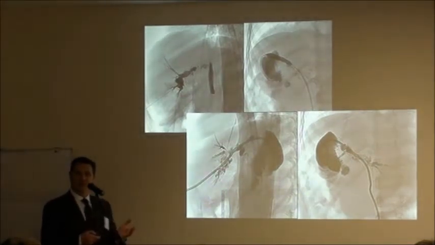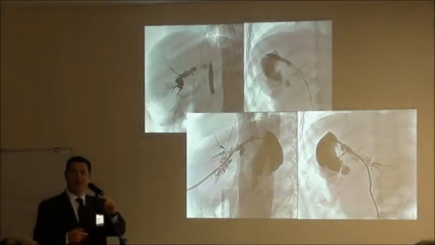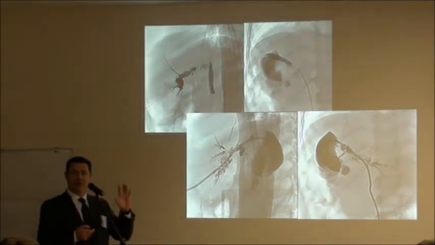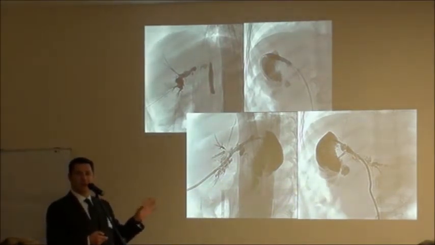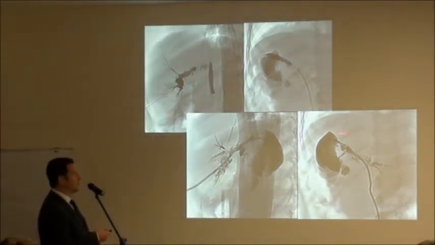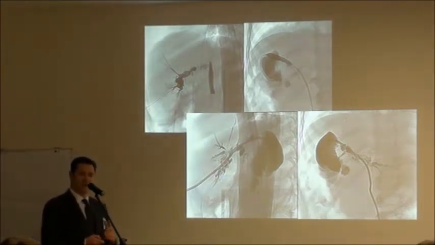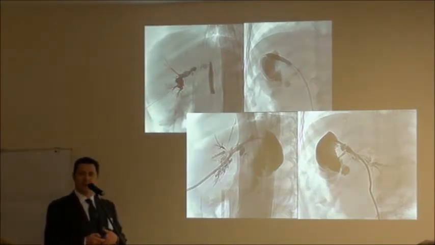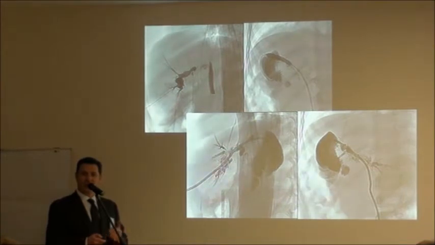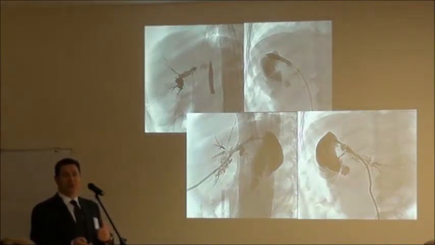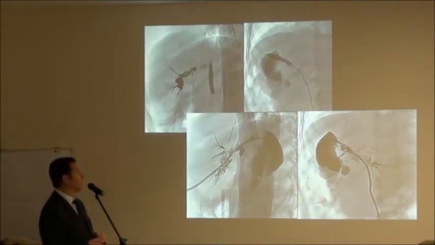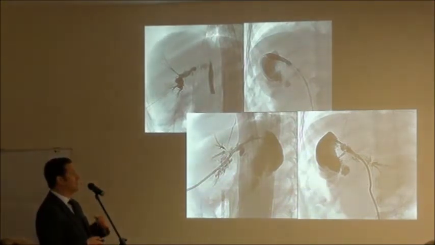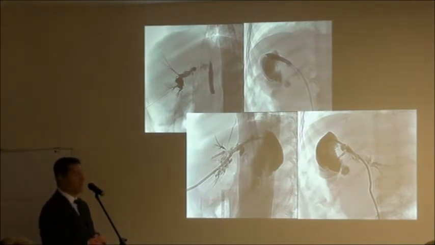We are performing this kind of procedure, and everywhere in the world these kinds of complications are treated like that. We kept this drainage for 3 weeks, and after 3 weeks we perform a cholangiogram, and we see if we need to dilate one more time or to retrieve the catheter.